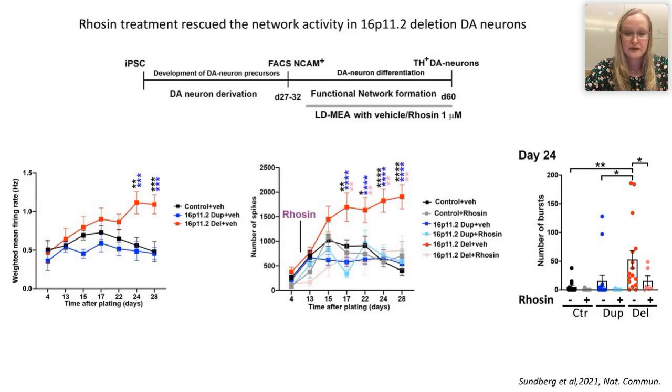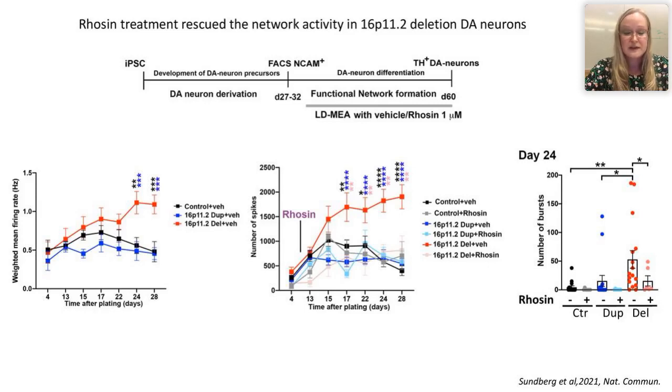First, we wanted to confirm that on this platform we could detect a similar kind of phenotype that we see in the high density MEA recordings, and indeed we were able to show that the 16p deletion networks had significantly increased weighted mean firing rate at day 24 and day 28 after plating on the low density MEA, shown here in red, compared to control or duplication populations.